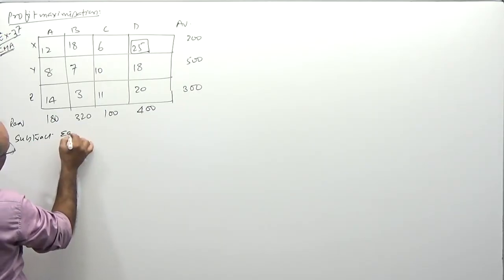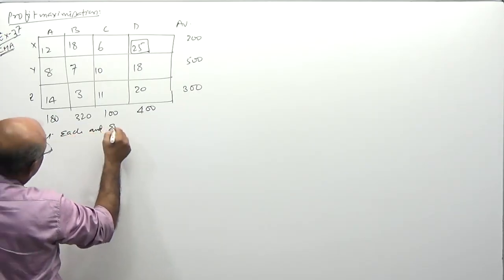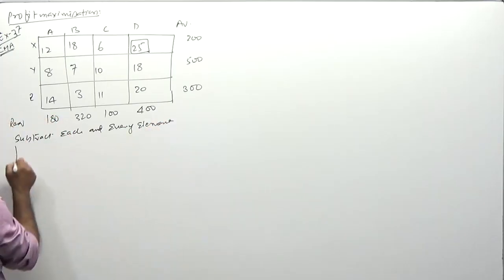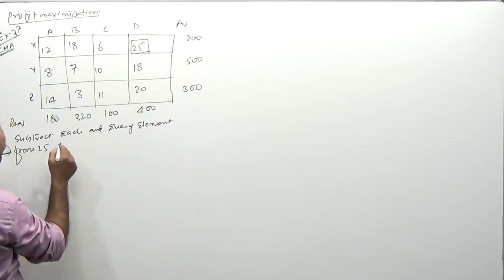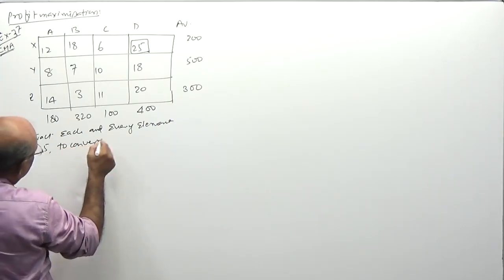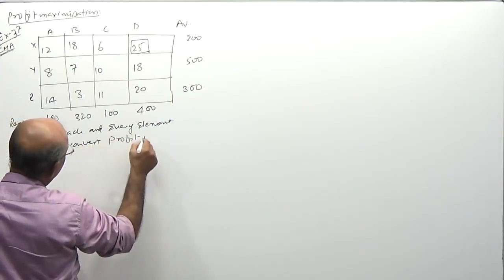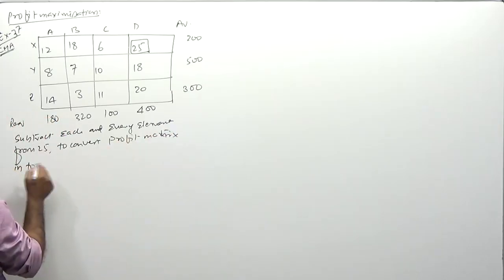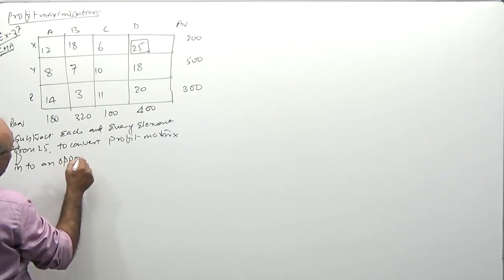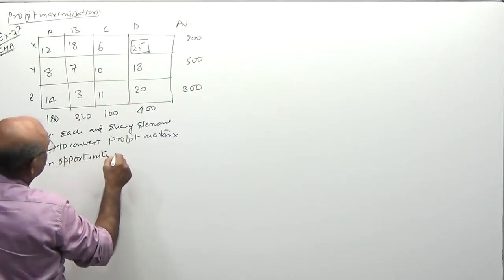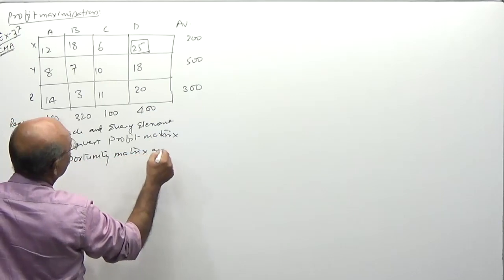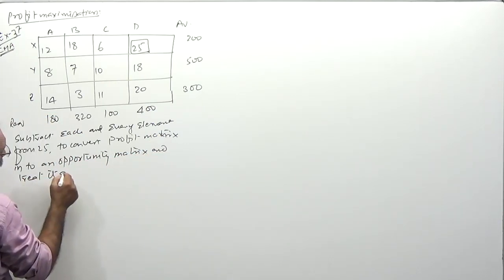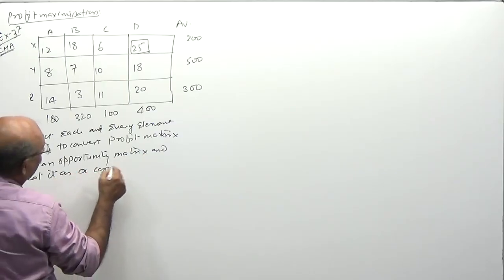Subtract each and every element from 25 to convert the profit matrix into an opportunity loss matrix, and treat it as a cost matrix.